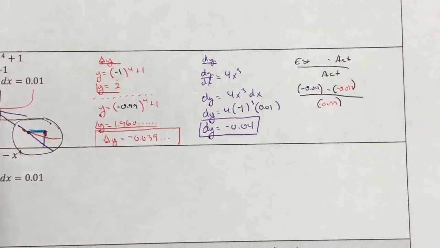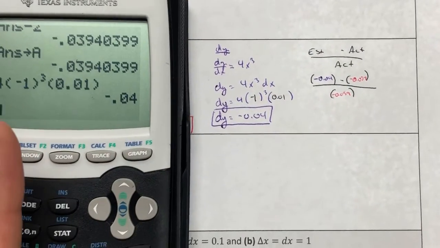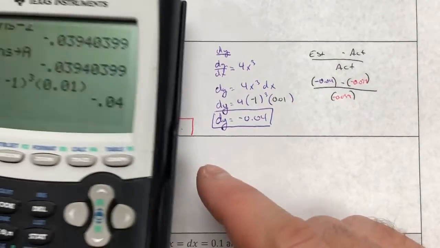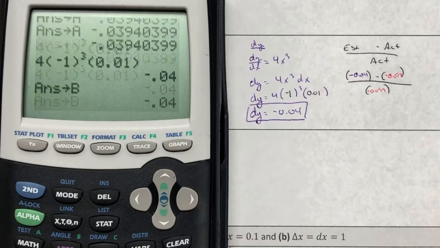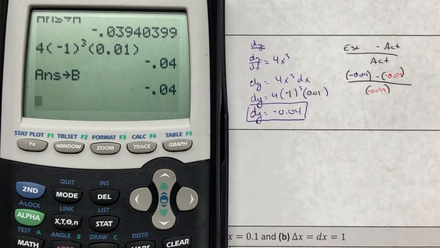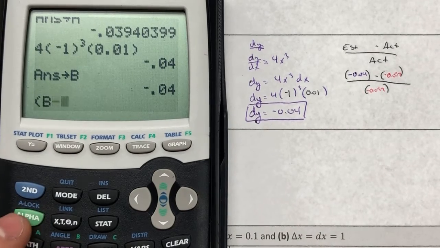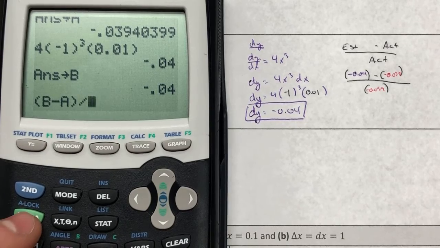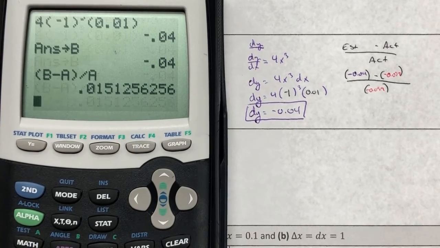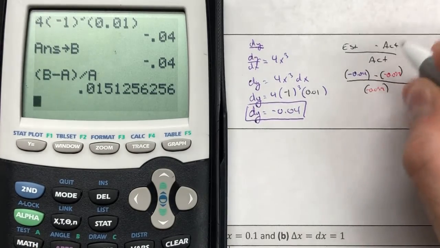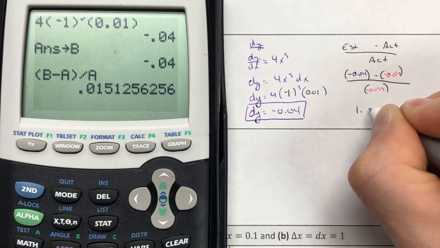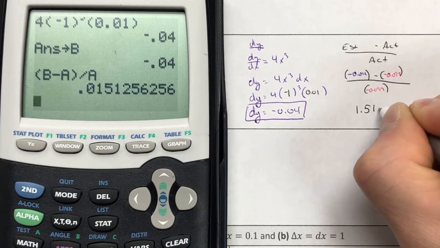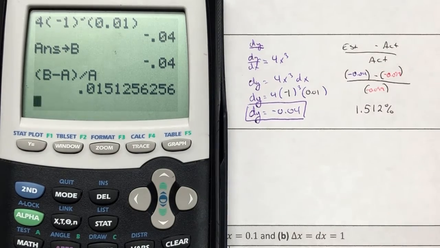Okay. And now, just to keep things easy, I know that that was saved as alpha A. I'm going to save this as alpha B. So all I need to do is say, okay, well, what is B minus A all divided by A? And I get a change of, let's see, 1.512% off.